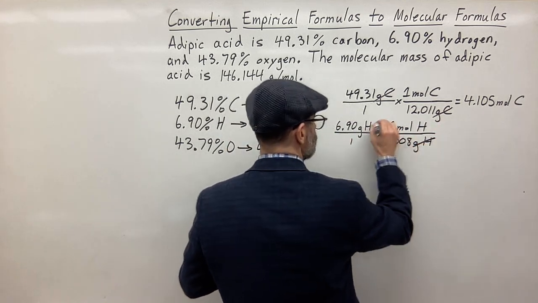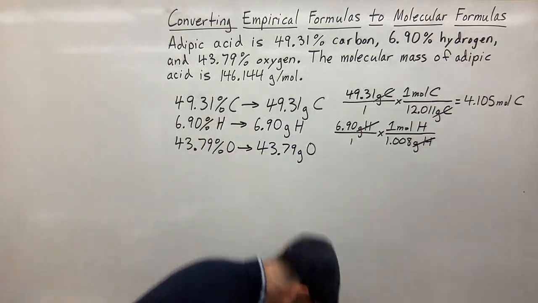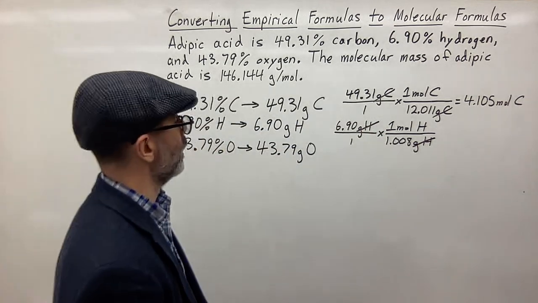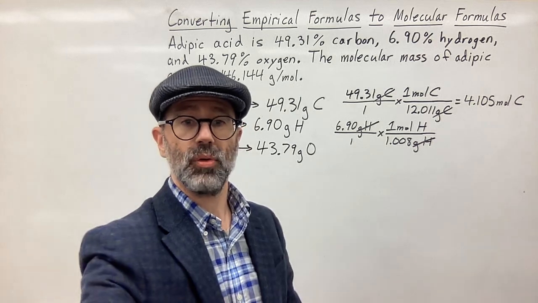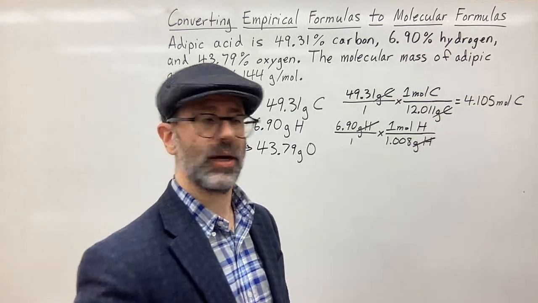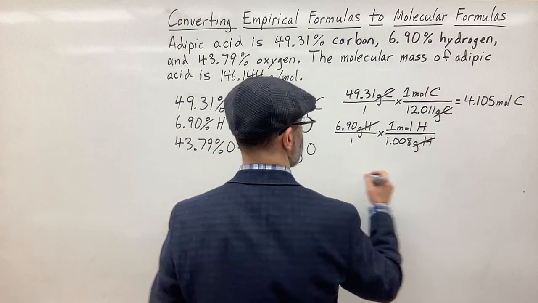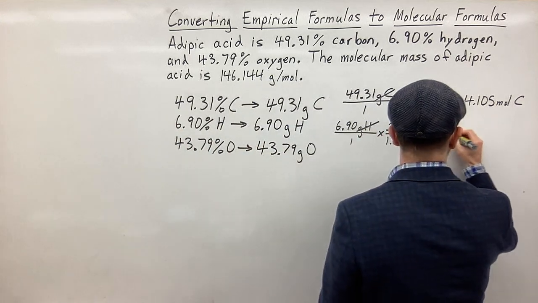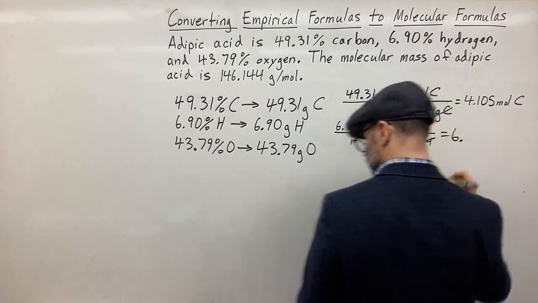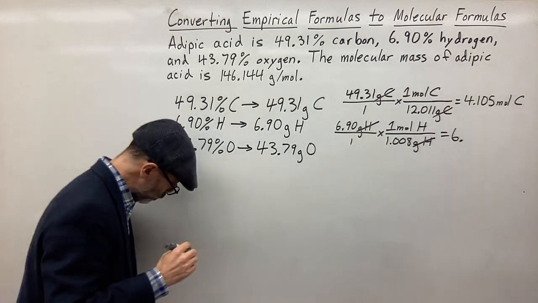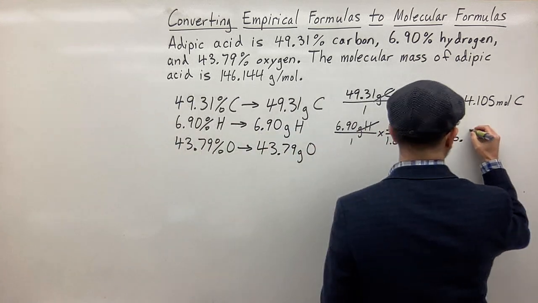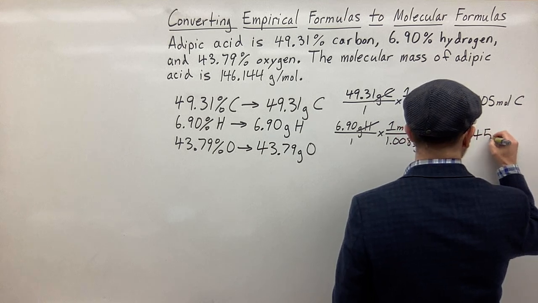So then I cancel out the grams. My calculator dropped on the floor, and I'm going to calculate the moles. And we get 6.845 moles of hydrogen.